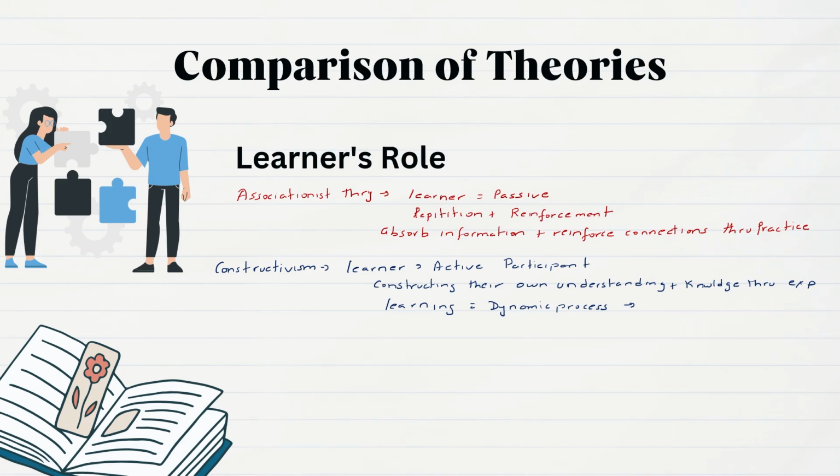For example, a student who is engaged in a science project is actively exploring, experimenting, and reflecting on the findings that they get. And in this way, we see that by reflecting, by experimenting, they are constructing their own understanding of those scientific concepts.